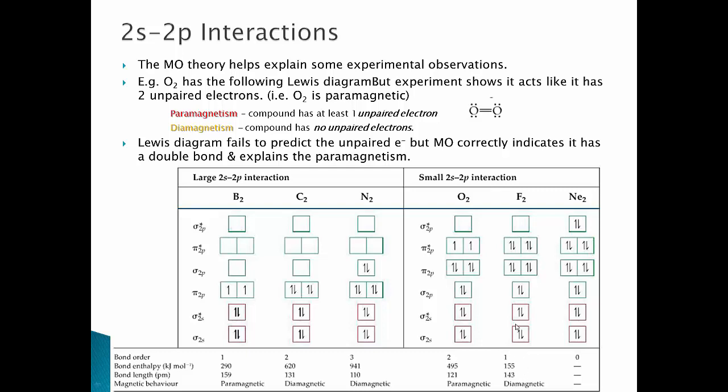So we know that this is paramagnetic and we can see these two unpaired electrons here. The bond length is a bit more than a double bond, and we can see here that our bond length is 121, and it has a bond order of 2.